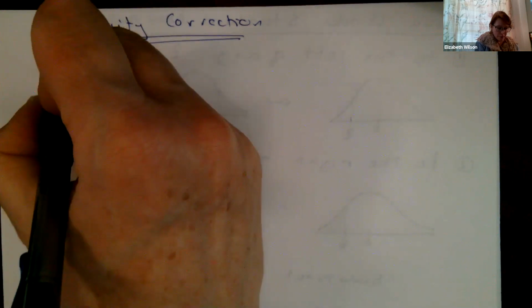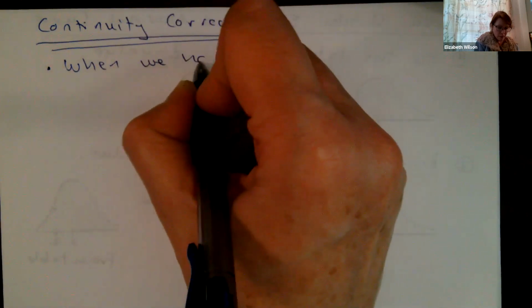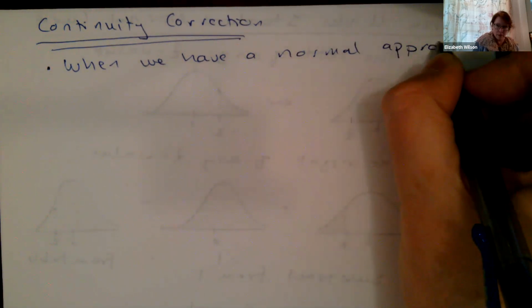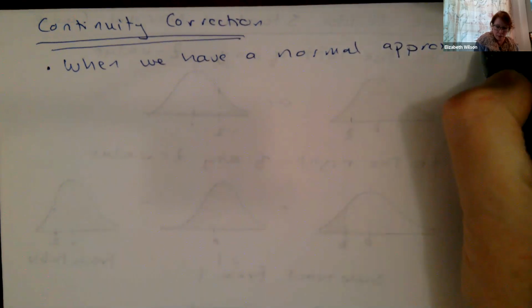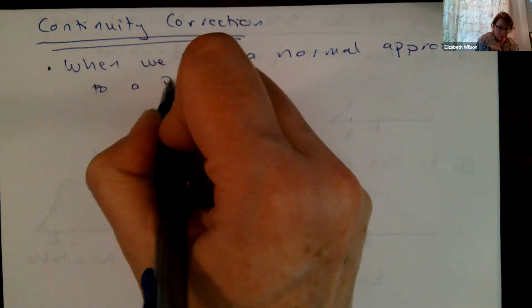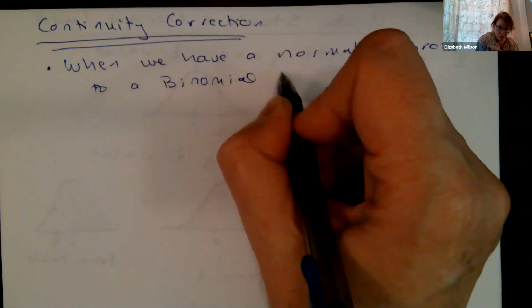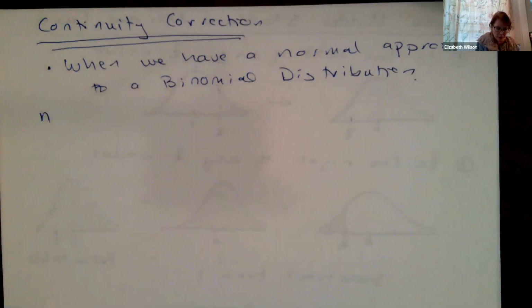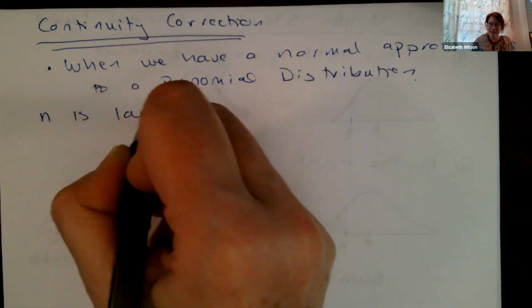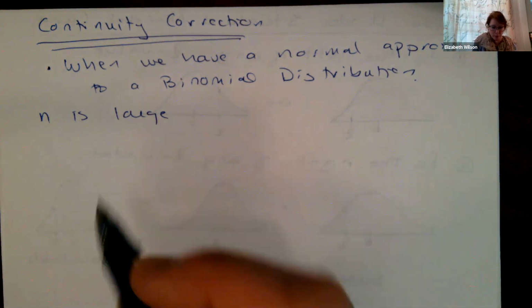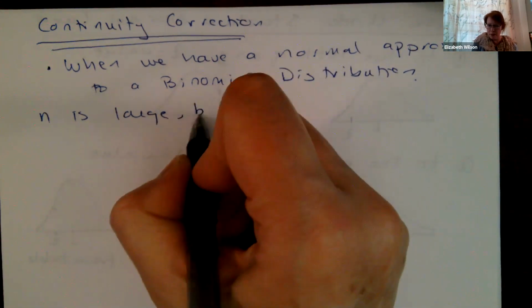So when we have a normal approximation to a binomial distribution, our n, our sample size, is large, which makes us feel confident to be able to use our standard normal, but the underlying experiment itself is yes or no.